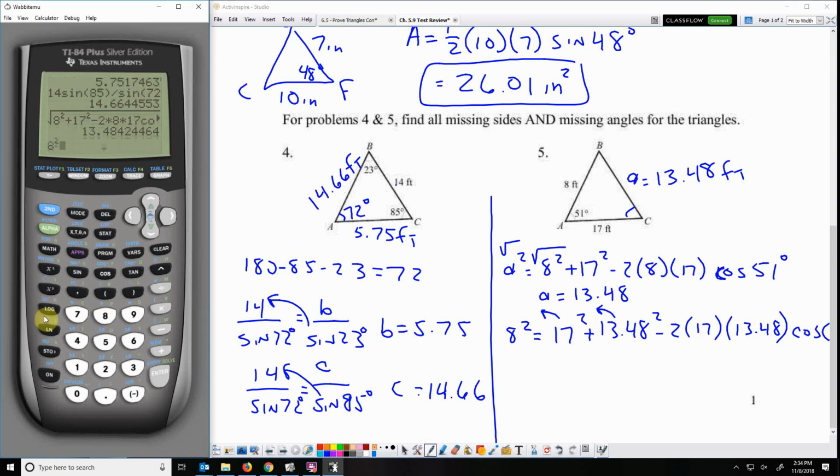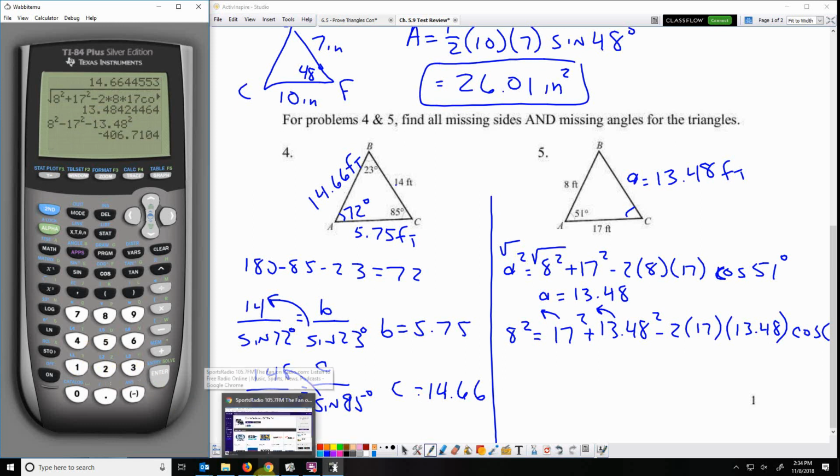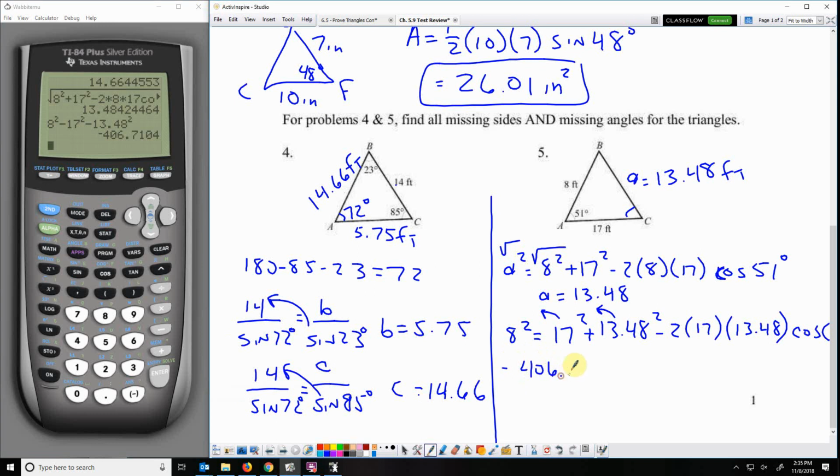So I've got 8 squared minus 17 squared minus 13.48 squared. Okay, so I've got negative 406.7104. Okay, so then I'm going to multiply these. I've got negative 2 times 17 times 13.48.